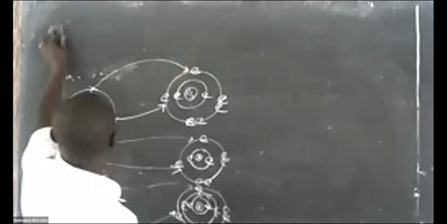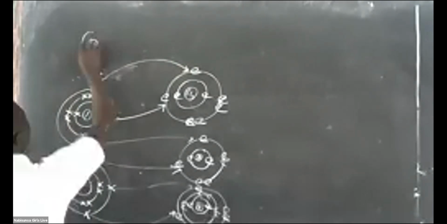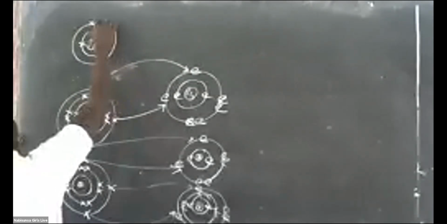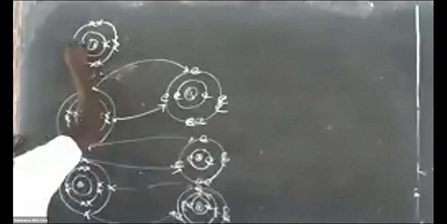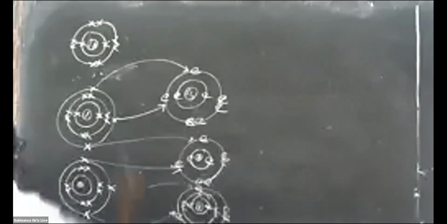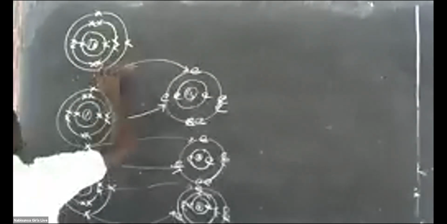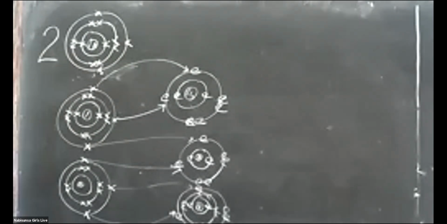The cheapest is to say, I have the aluminium atom followed by 8 electrons, followed by 3 electrons outside. Instead of drawing another one, I'll put the 2 here so that there are 2 of them, and I'll have saved the burden.